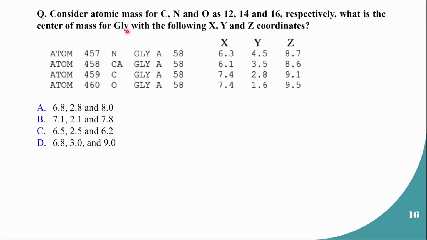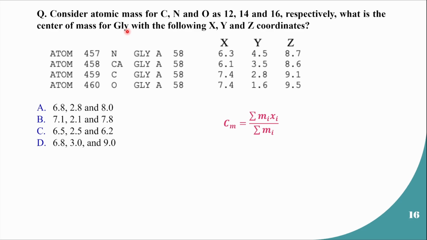If you try to calculate it from these set of coordinates, can somebody maybe try to calculate it and share in the chat? The formula for calculating this sort of numeric question in the case of center of mass will be something like this. On the numerator, you see summation of mi times xi. Conversely, if you consider the y and z coordinates, it will be yi and zi and so on.